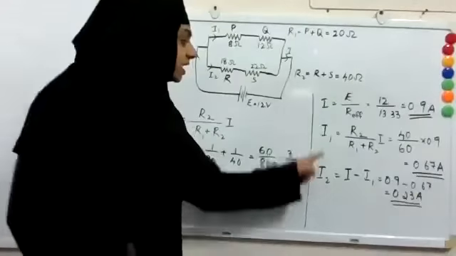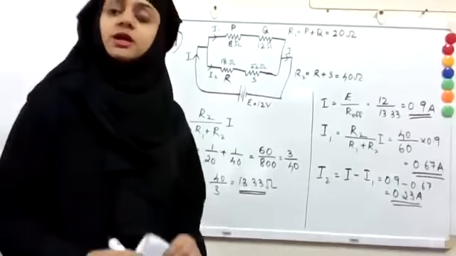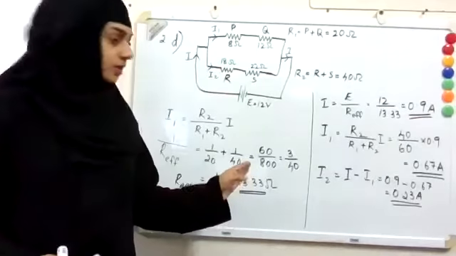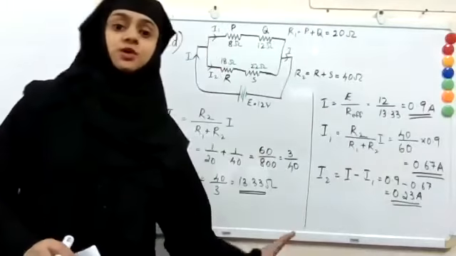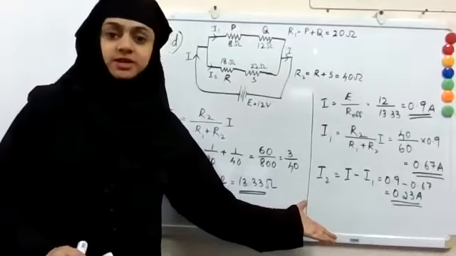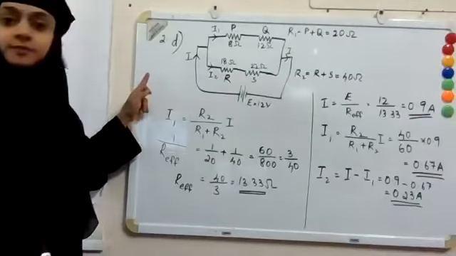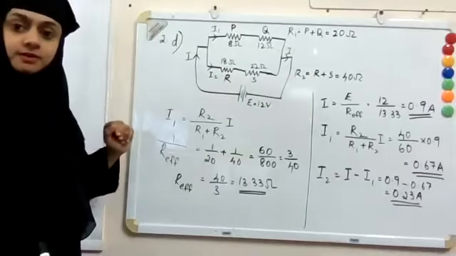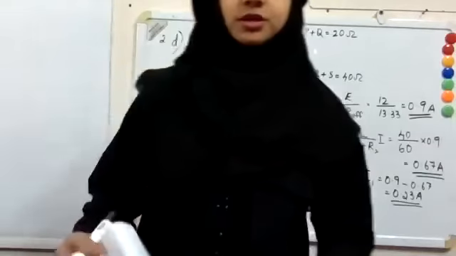Is I1 and I2 same? No. So they are not equal, and it is justified mathematically. Is that clear? How to solve this D part? Yes, sir, clear. Okay. So that's all I wanted to discuss with you.